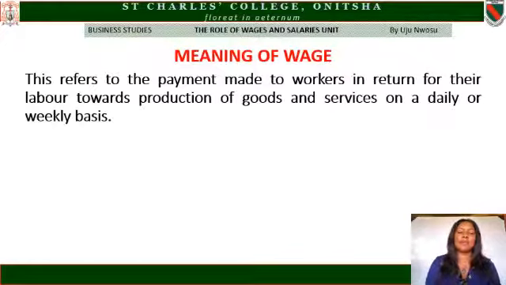This means that any worker that receives a payment after rendering a service within a day or a week, such payment is called a wage. For instance, an engineer that repairs your computer or your television, at the end of a day or within a week, payment is made to him. Such payment is called wage. Is that clear? Good.